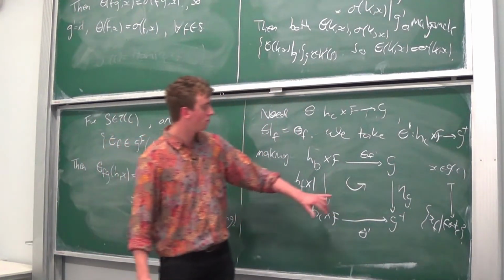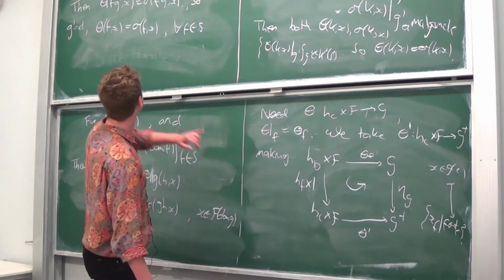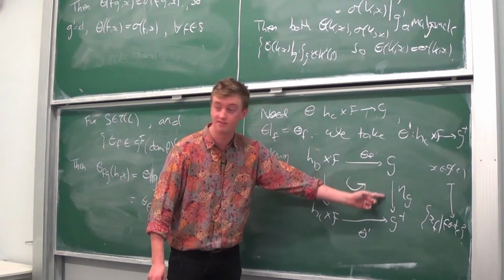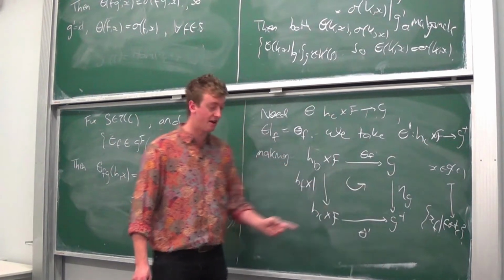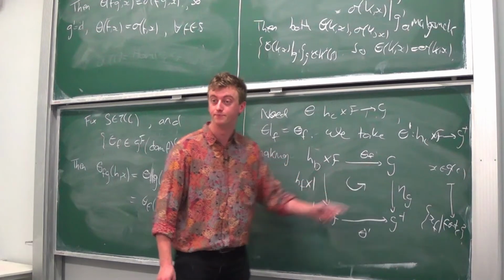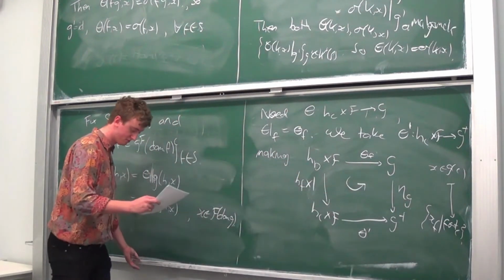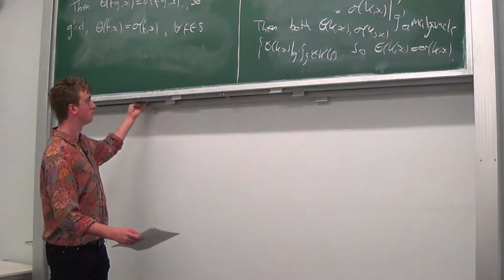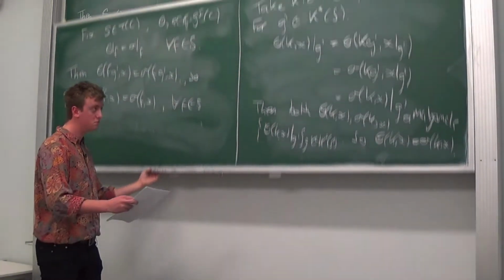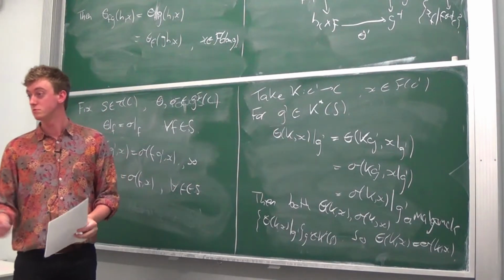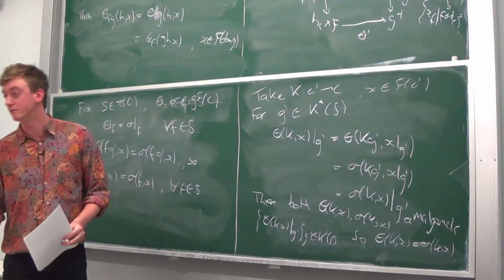Well, because we've taken G to be a sheaf, which means that this is actually an isomorphism. So the amalgamation is actually provided by taking theta composed with the inverse here. So it suffices to find that.